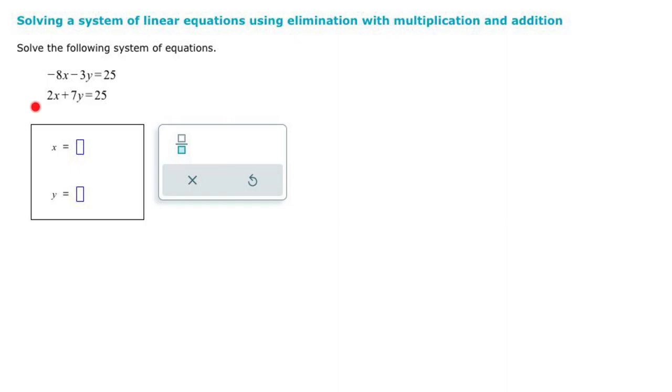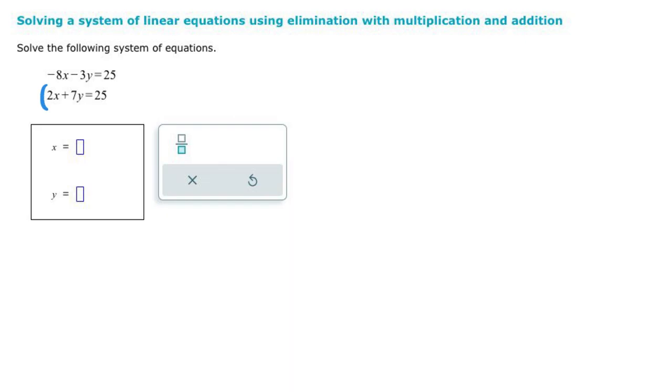On this example, when we look, my x's are not opposite and my y's are not opposite. So I have to do some multiplication here. What I notice is that with 2 and negative 8, I can multiply 2 by 4 to get 8, and then 8 and negative 8 would be opposite. So that's what I'm going to do, because I'm allowed to multiply both sides by the same thing.